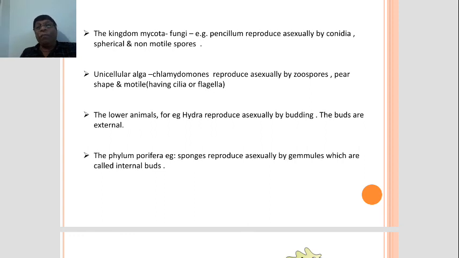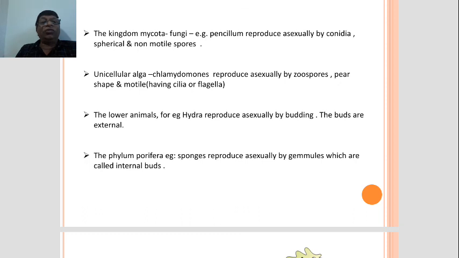What about the phylum Porifera? Phylum Porifera includes only sponges. Freshwater sponges and marine sponges are there. The sponges reproduce asexually by the formation of what are known as gemmules. What are gemmules?